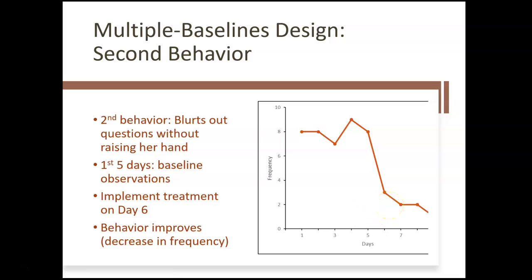So basically what were tokens given for? Raising one's hand and waiting to be called on before answering. And those tokens, giving those reinforcements, decreased blurting out answers, as you can see on the graph.